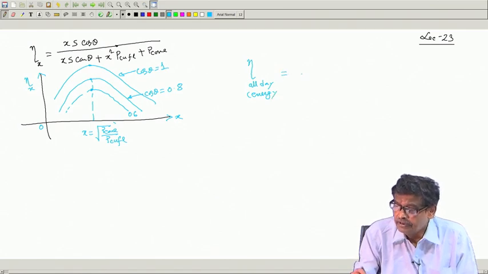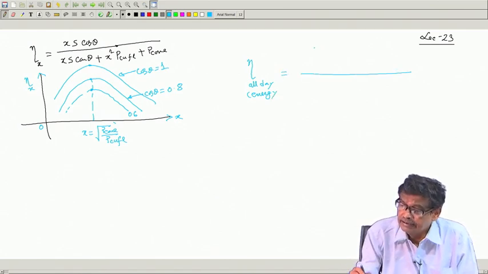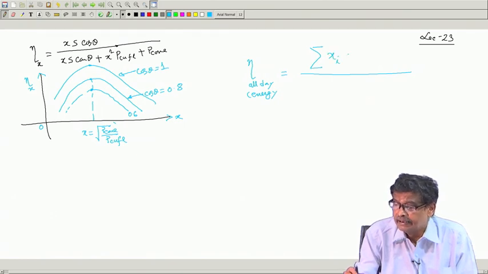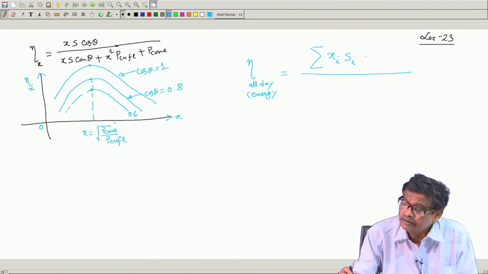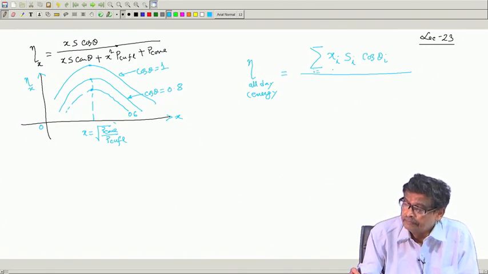And we found that this will be equal to the sum of x_i S_i cos theta_i times T_i, where i is equal to 1 to n.